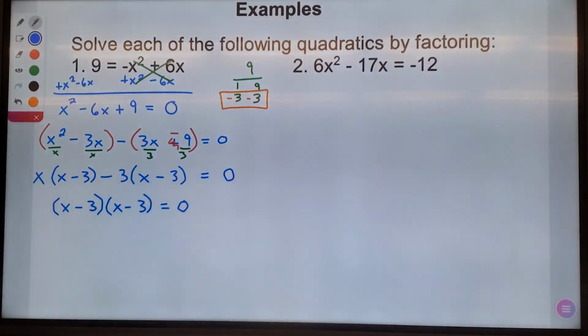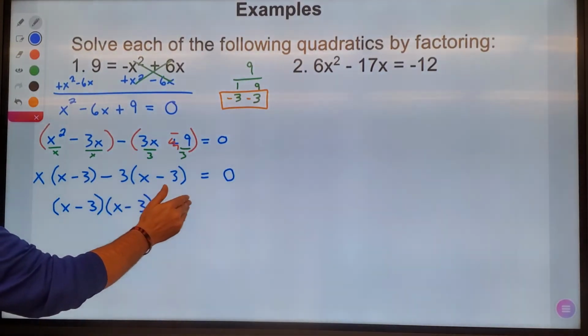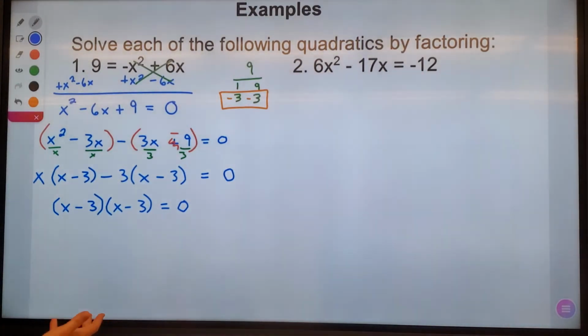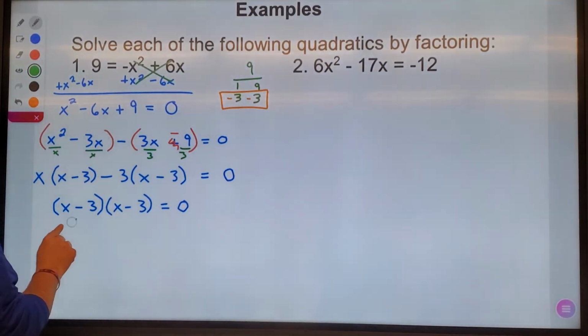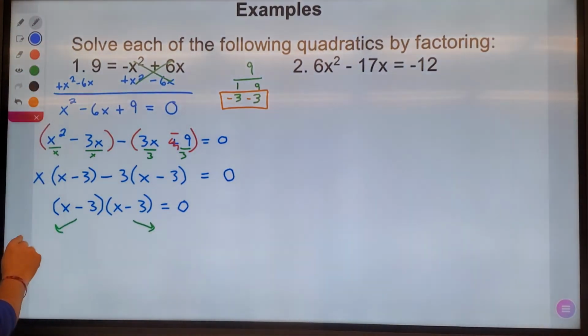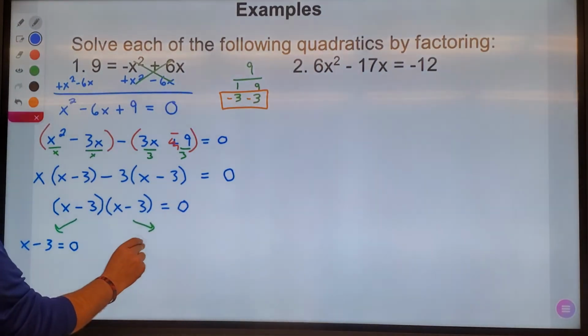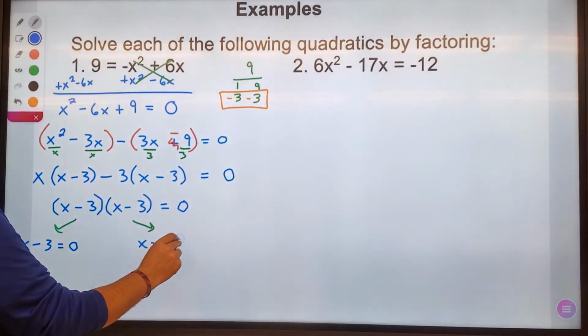And again, I'm using what's called the zero product property, which means that if I have two things multiplied together like I do here, this set times this set, and they equal 0, then one or both of them has to be 0. So I'm going to take this set and this set, and I'm just going to break them apart. x minus 3 equals 0. x minus 3 equals 0.